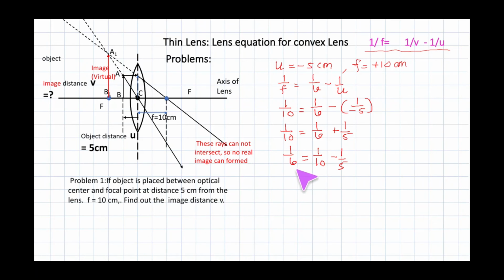To find v, for subtracting, these denominators are different, so we have to make the denominators the same. So 1 upon v is equal to 1 upon 10 minus 1 upon 5, and we have to make this 5 also 10, so we multiply and divide by 2, that is 2 into 1 divided by 2 into 5.